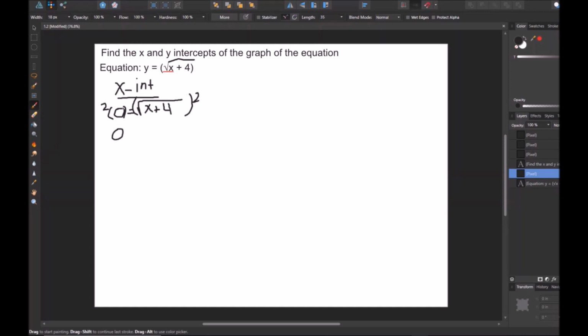and this root will cancel out, because basically what's going on is we're doing the root of x plus 4 times the root of x plus 4. And then what we end up having is the root of x plus 4 squared, which just cancels out with that square root over there.